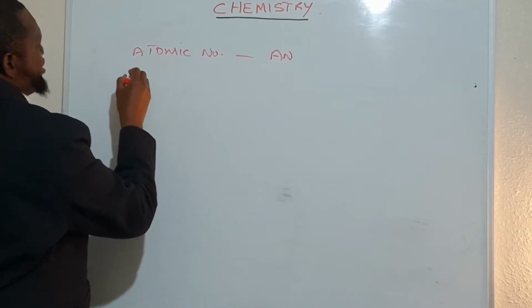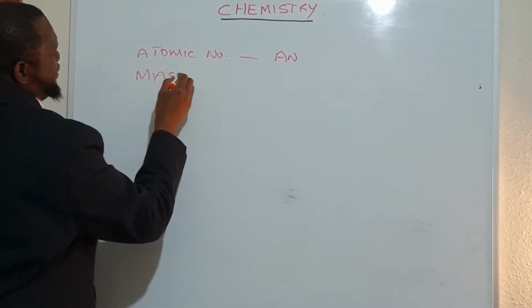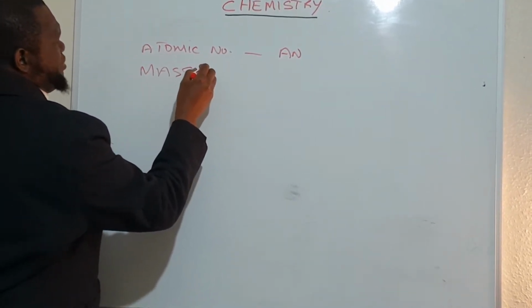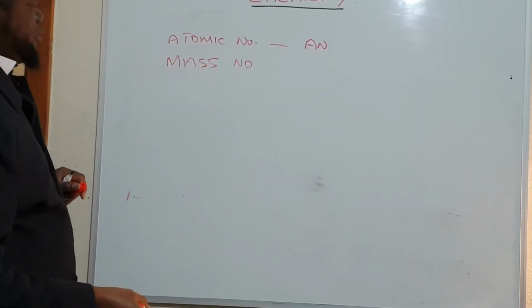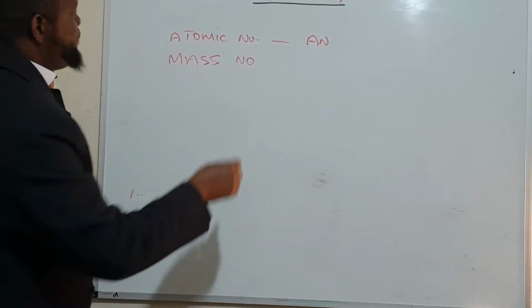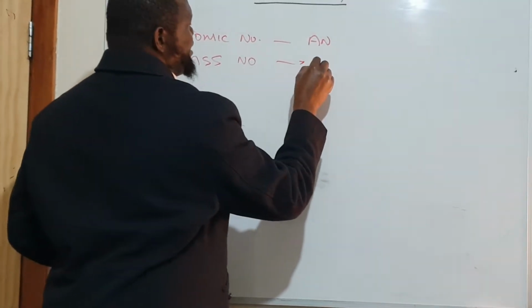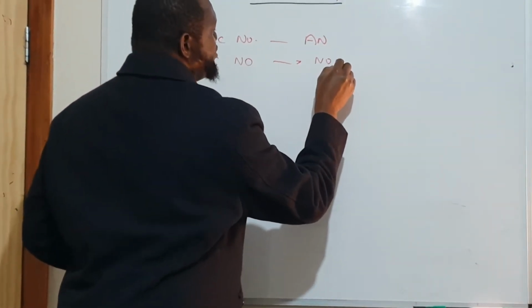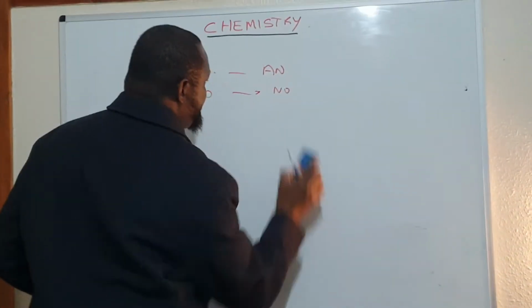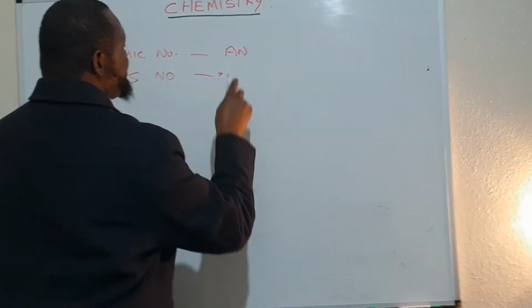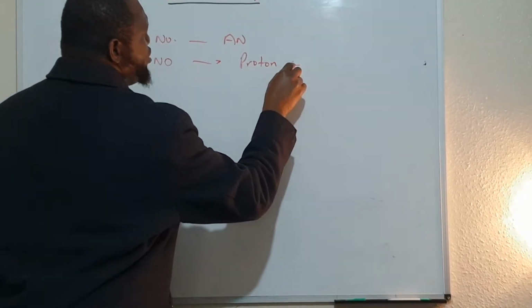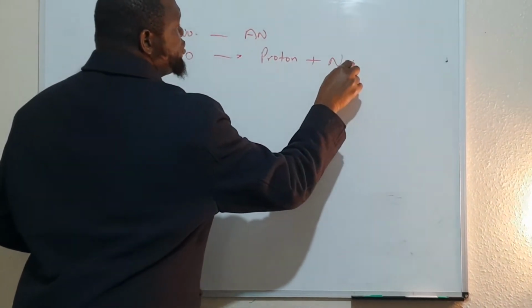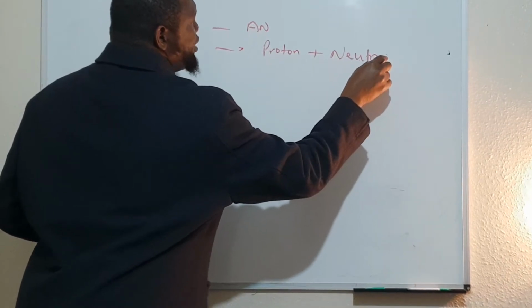But there's something also called the mass number, or they call it atomic mass number. Basically, the atomic mass number is, mathematically, protons plus neutrons.